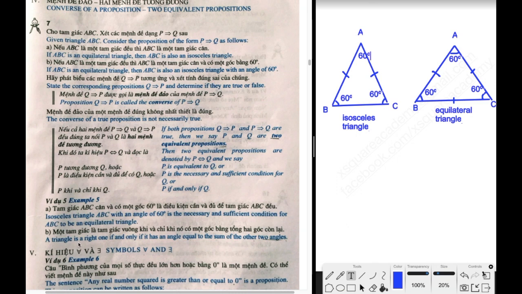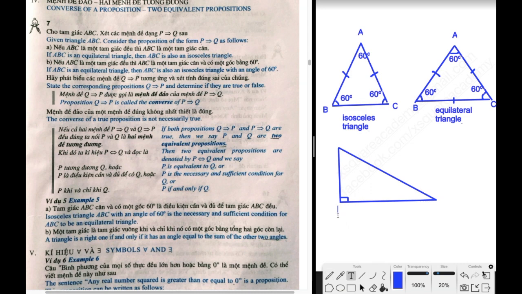What is a right triangle? A right triangle is a triangle with an angle equal to 90 degrees, a right angle. And a triangle is right if and only if it has an angle equal to the sum of the other two angles.